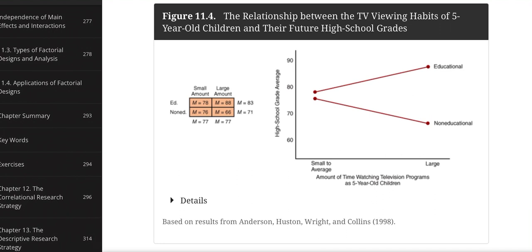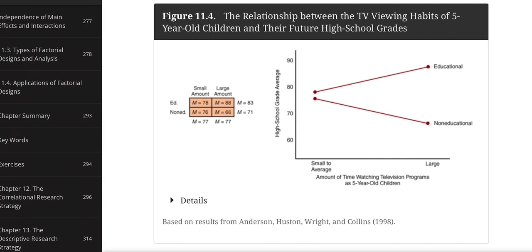By looking at this, you can see, and why? Because if you look at the means for the rows, you see that educational had a mean of 83 and non-educational had an overall mean of 71. And so there's a large difference there. So there was a main effect for the type of programming they watched.